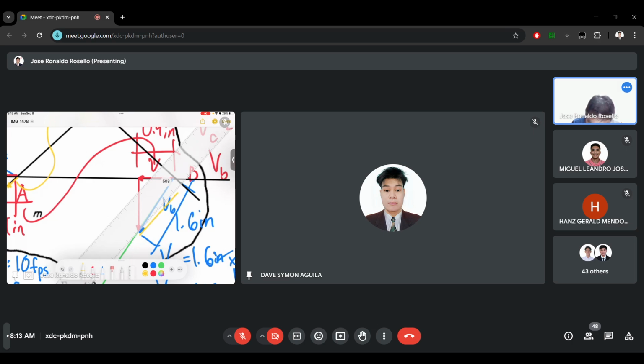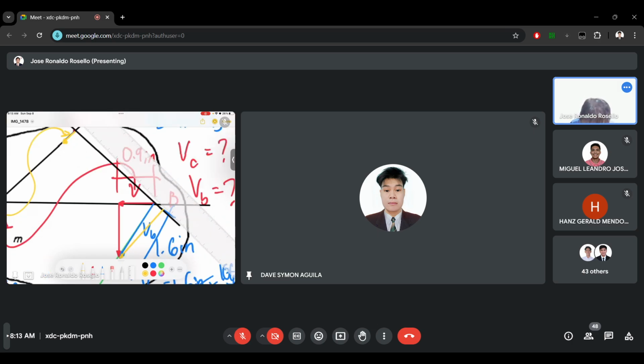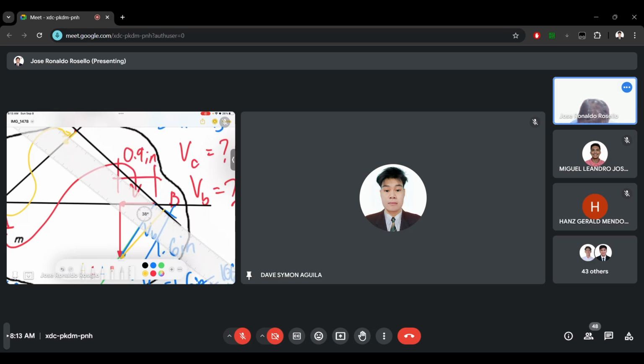And you can graph also the other one. Then once we have the perpendicular, we will have the component from point B going to C. But the other one, if you graph this other one, it should be the other way around. So it is the perpendicular line, and this vector will also be copied going to point C.